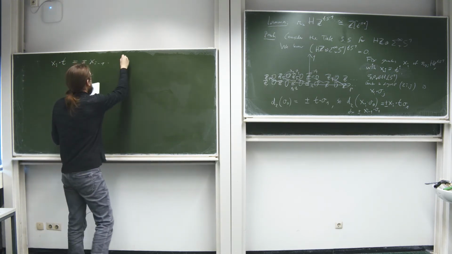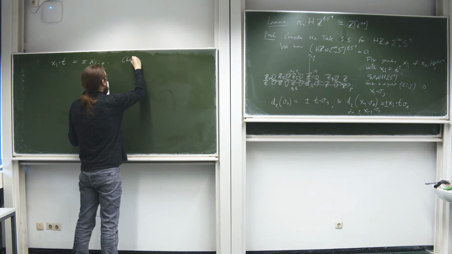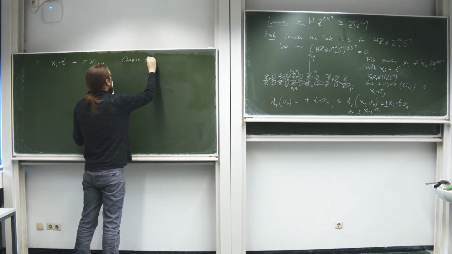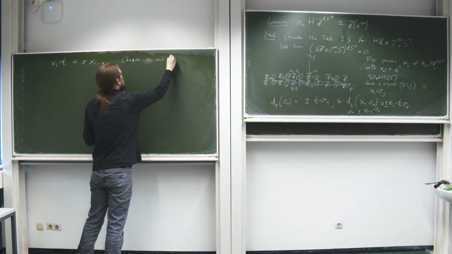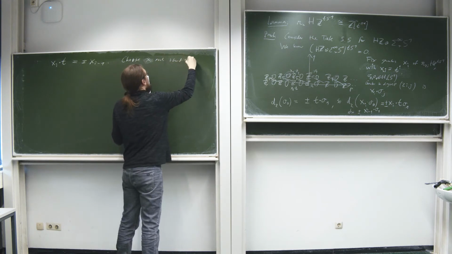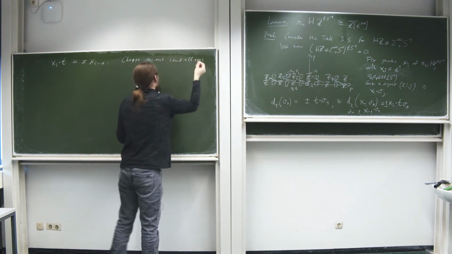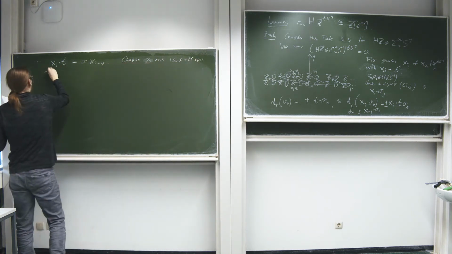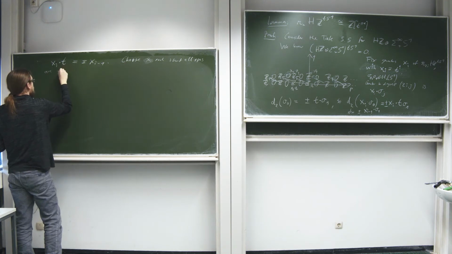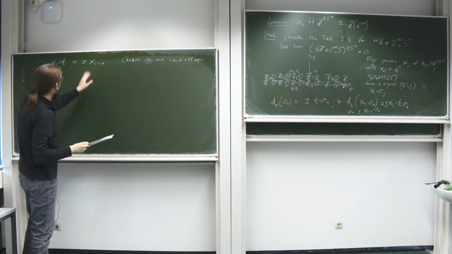And now we just choose these generators xi such that all signs are plus. And then what do you have here?